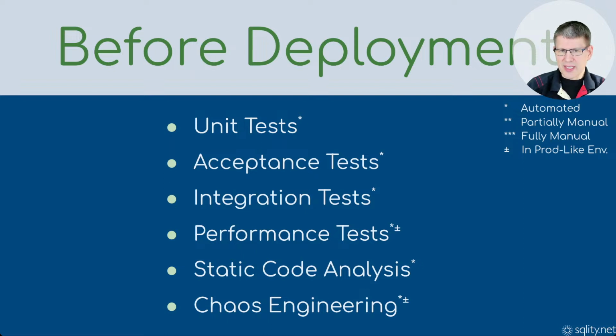Chaos engineering is a process that is generally more used in an infrastructure environment. So if you think about infrastructure as code, does this all behave the way I expect it to? Chaos engineering introduces random hardware faults, but you can also use chaos engineering in a different way.